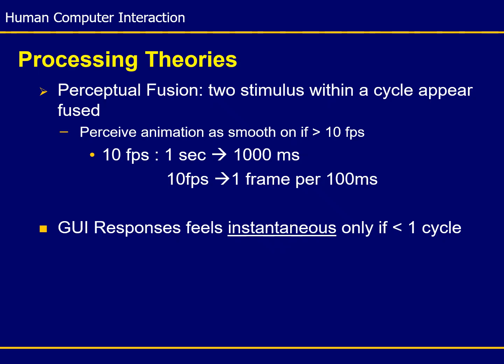But if you cross the 10 frames per second to 11 or 12 or 15 frames per second, the two frames adjacent to each other, let's say the first and second, or second and third, or third and fourth, because they are displayed less than 100 milliseconds, they will appear fused. And this is what you see as smooth animation.